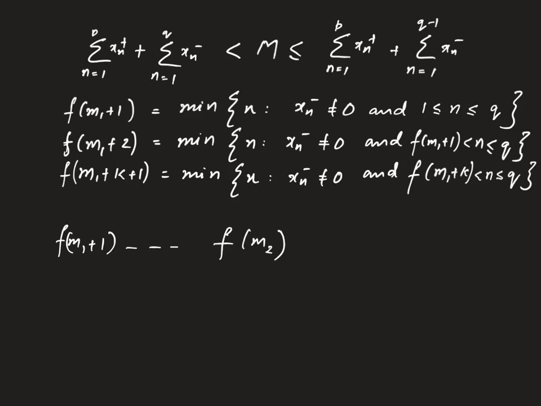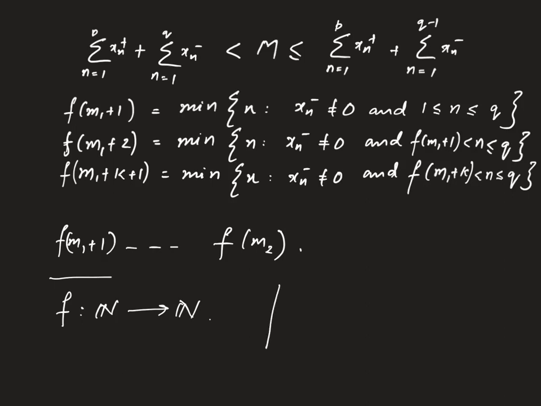m2 for some m2. And we keep on doing this process. We overshoot, then undershoot, overshoot, then undershoot, overshoot and undershoot. And by this process, we can define the function f on the natural numbers. As already mentioned before, the amount by which we overshoot and undershoot will keep decreasing because the sequence xn is converging to 0.